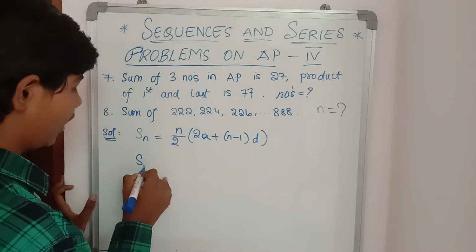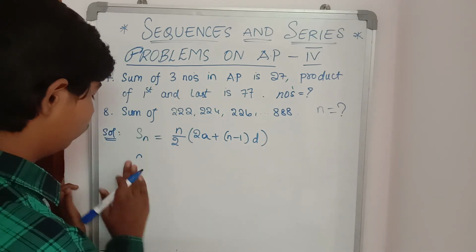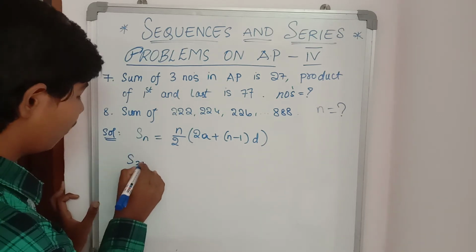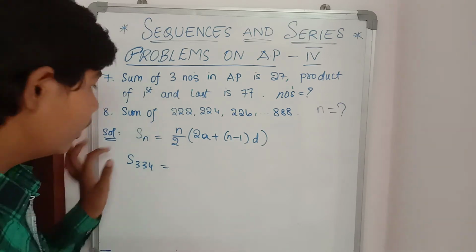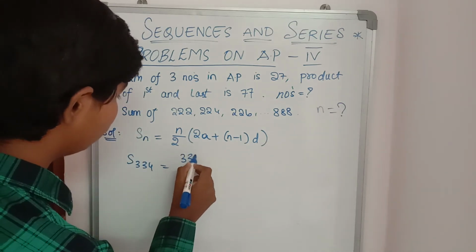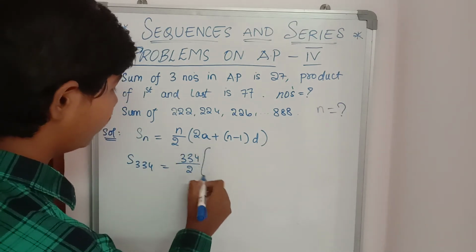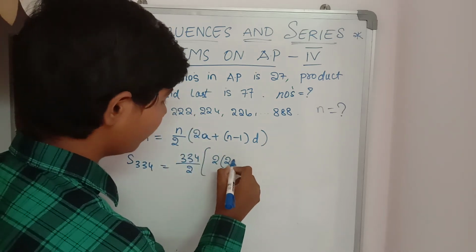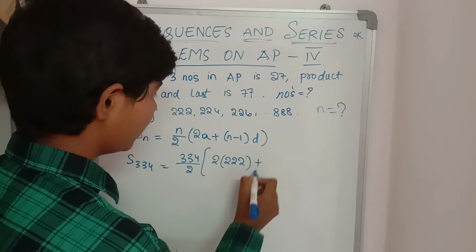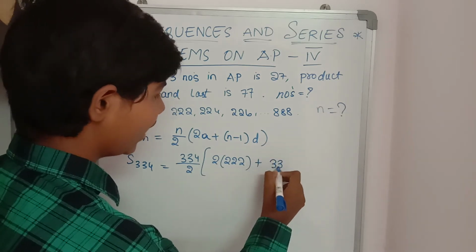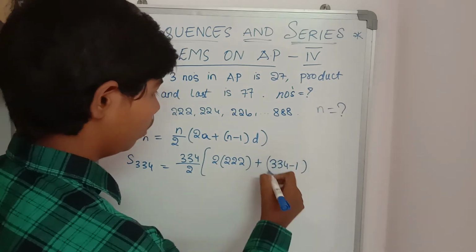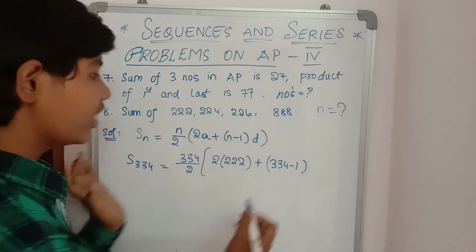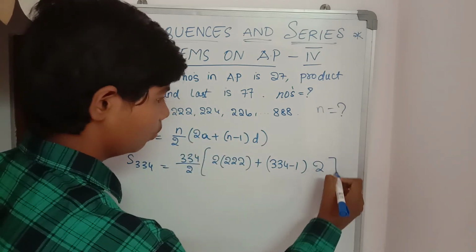S 334, since we have got 334 as n, is 334 by 2 into 2 into the first term 222 plus 334 minus 1 into d. We have got d as 2.